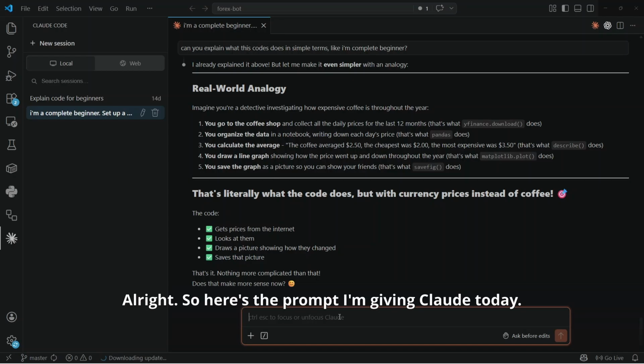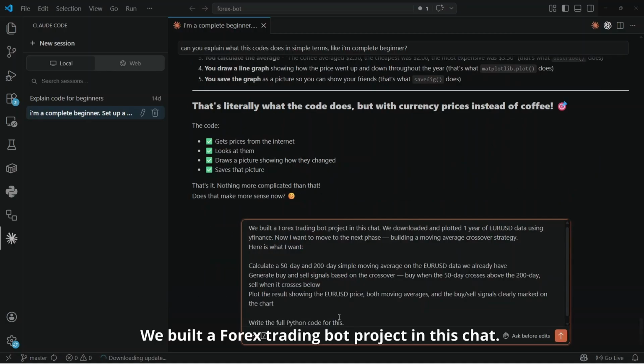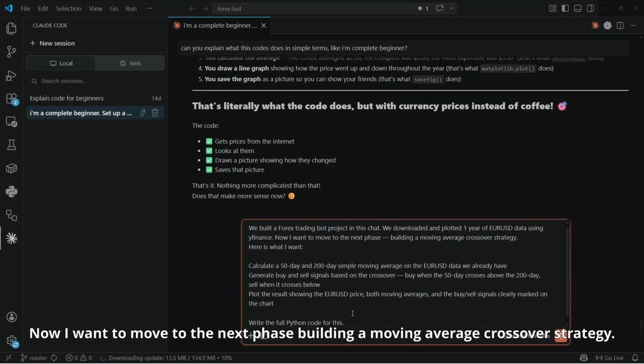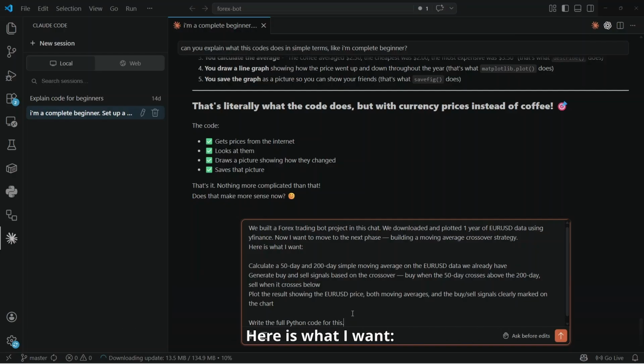Alright, so here's the prompt I'm giving Claude today. We built a Forex trading bot project in this chat. We downloaded and plotted 1 year of EURUSD data using Yahoo Finance. Now, I want to move to the next phase, building a moving average crossover strategy. Here is what I want.